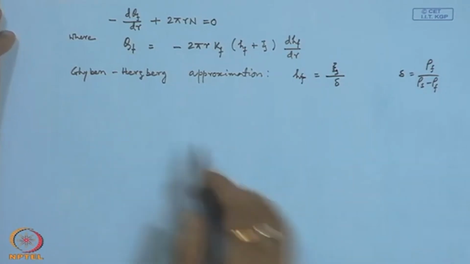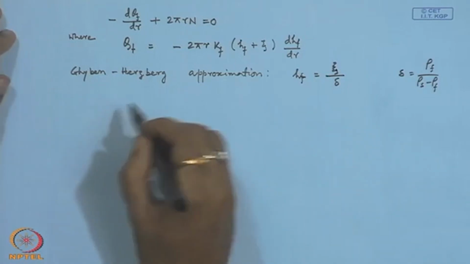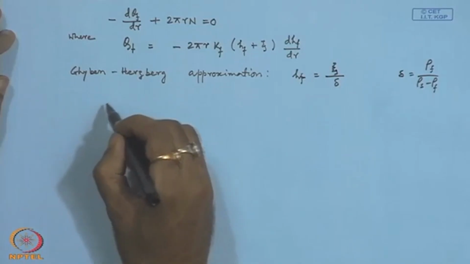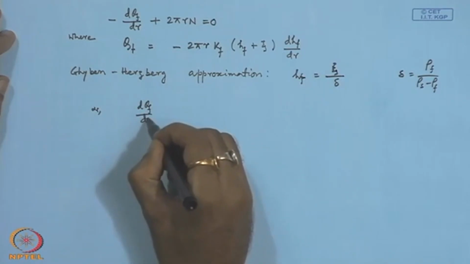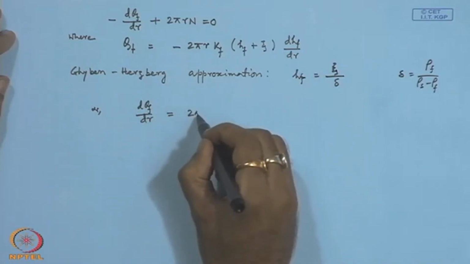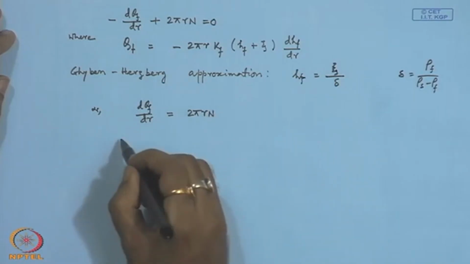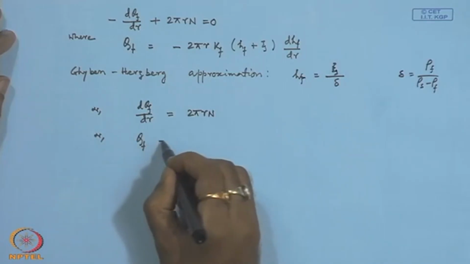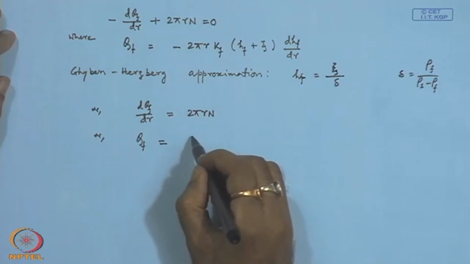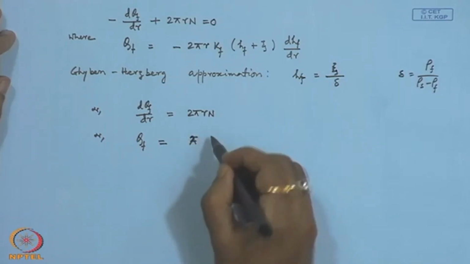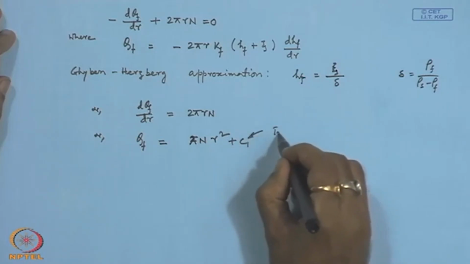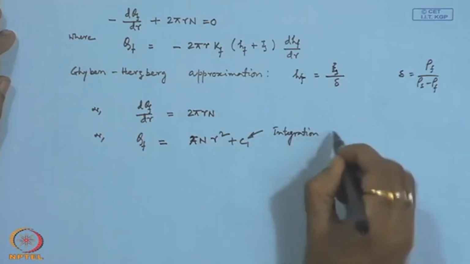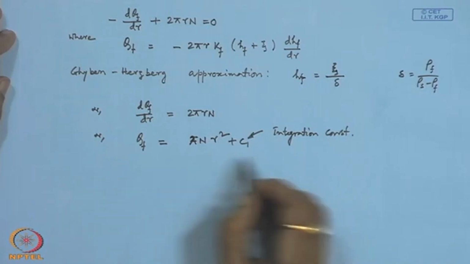So, with this approximation, we can write dQf by dr is equal to 2 pi r n, and from this one we can write this Qf as pi n r square plus C1, where we have integration constant now.